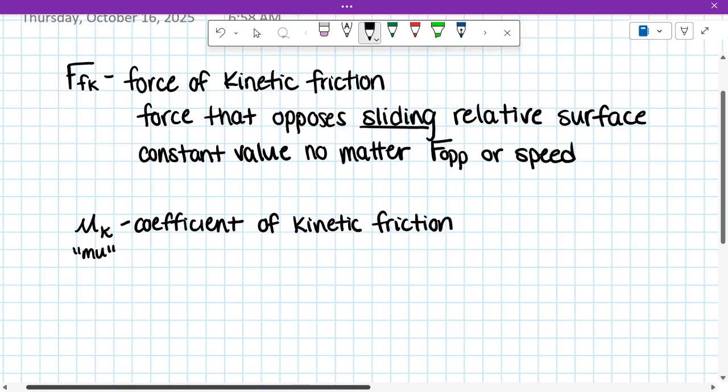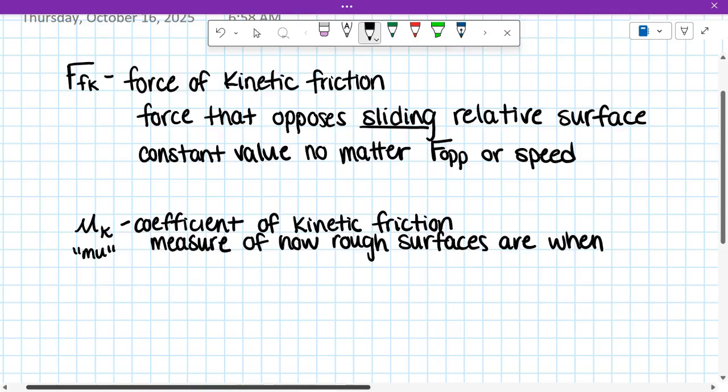And this again is a measure of how rough the surfaces are when sliding against each other.